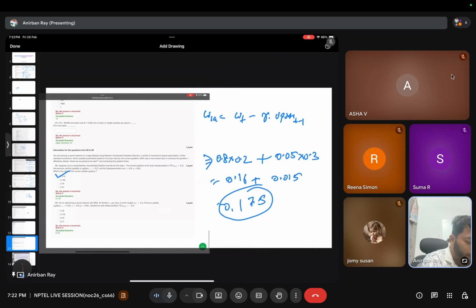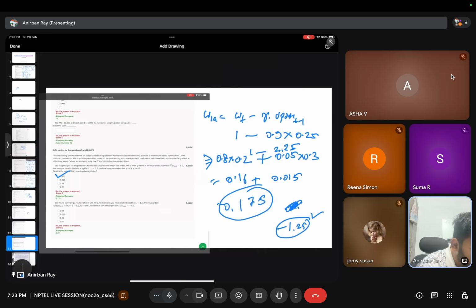In optimizing a neural network with NAG at iteration T, you have current weight WT. So this is 1 minus gamma, 0.9, and update T minus 1 is known, 0.25. So this becomes 2.25, 1 minus, so that is minus 1.25.